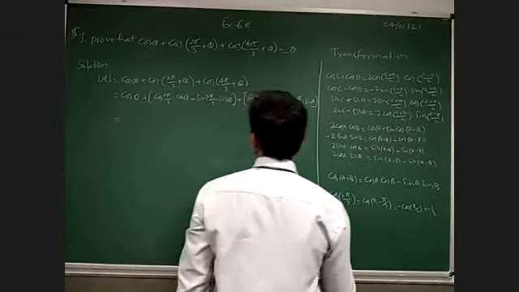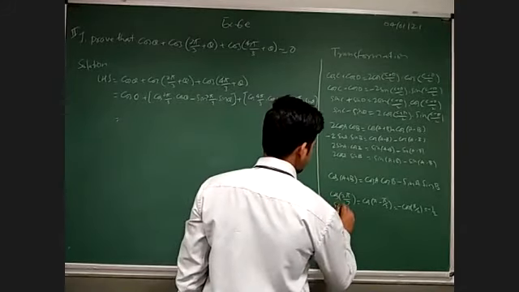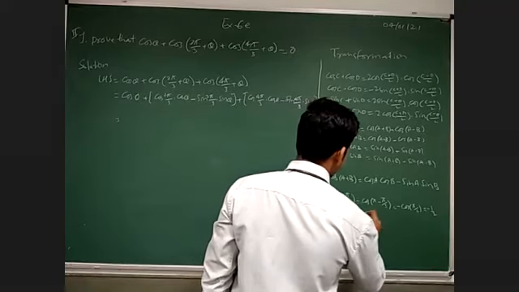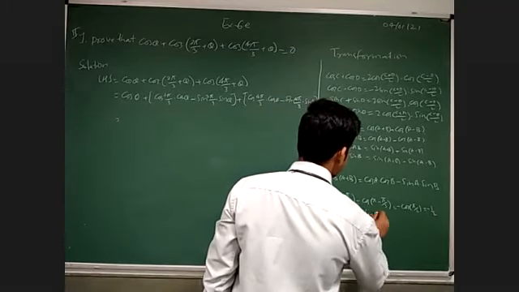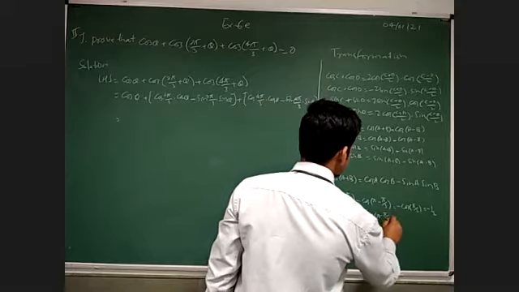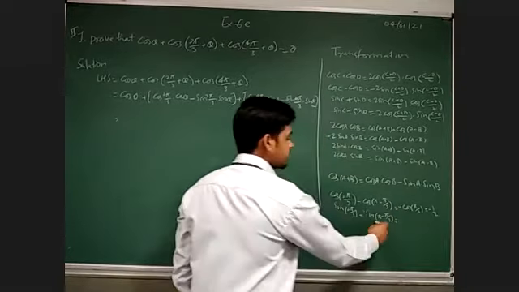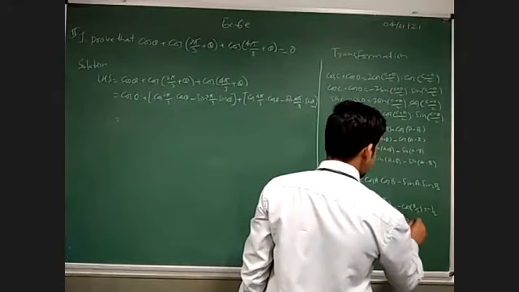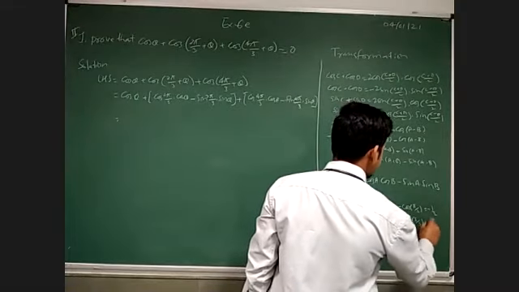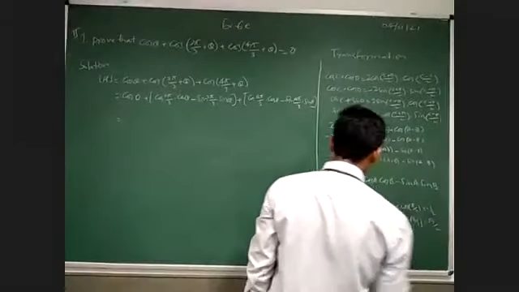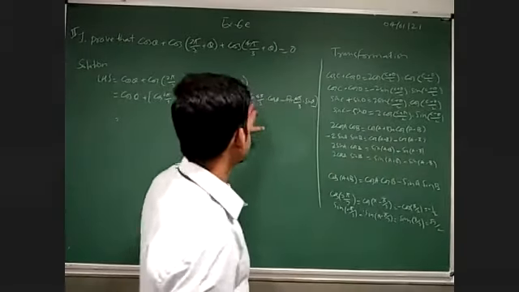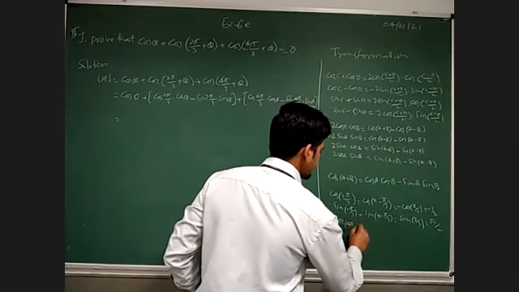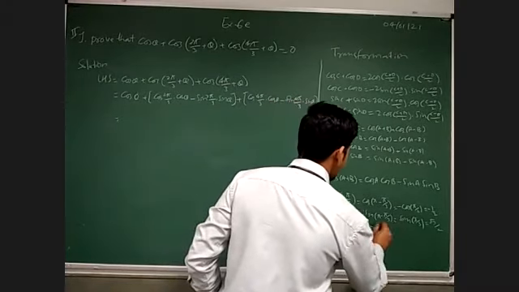Similarly sin 2 pi by 3 is sin(pi minus pi by 3); in the second quadrant sine is positive, so sin pi by 3, that means root 3 by 2.